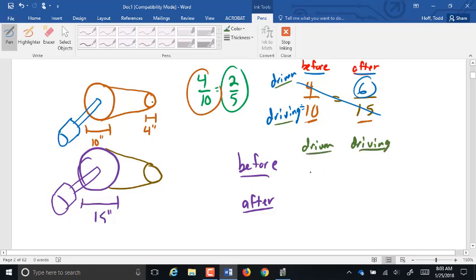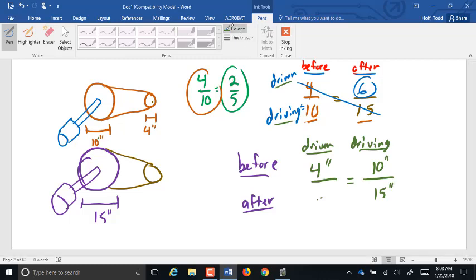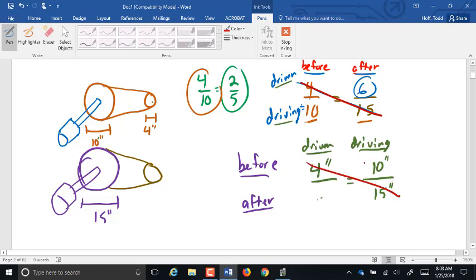The driven, before, that's the 4-inch. After, that's what I'm looking for. Driving, before, that's the 10-inch. After is the 15-inch. You'll notice that it's still, just like up here, 4 times 15 divided by 10. Here it's still 4 times 15 divided by 10.